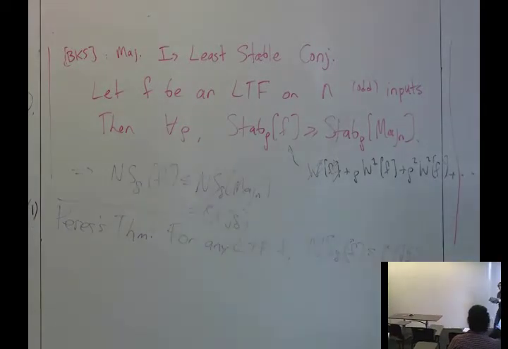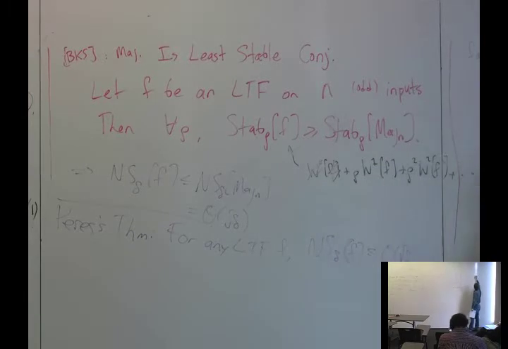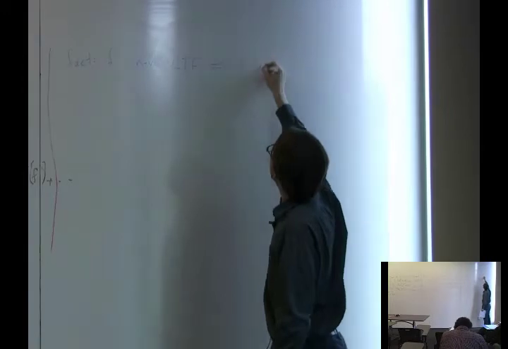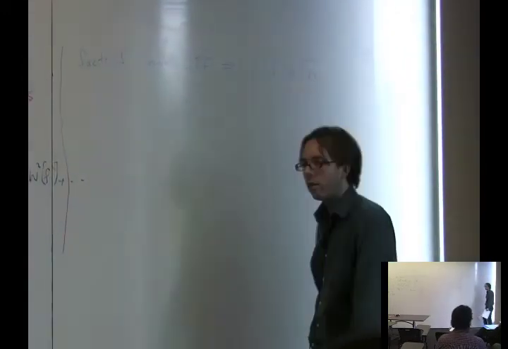We're going to need one basic fact for this proof, which is that if f is an LTF, then its total influence is at most root n. Anybody know why this is true?